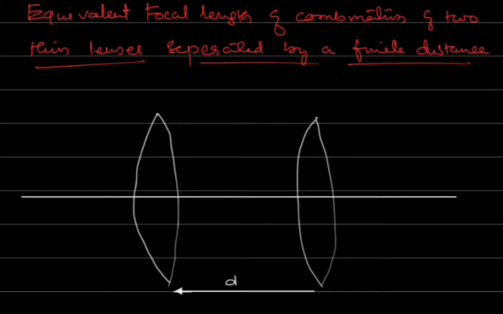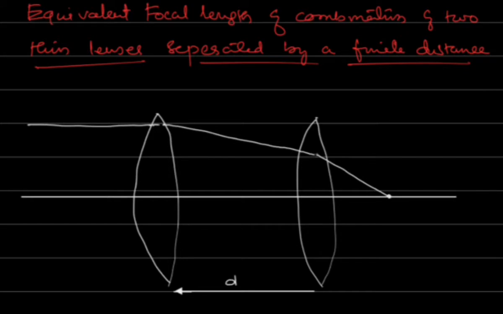So the ray of light is incident on the first lens and refracted from the first lens, and then it is incident on the second lens, and from the second lens the refraction takes place, and then that will hit the principal axis.